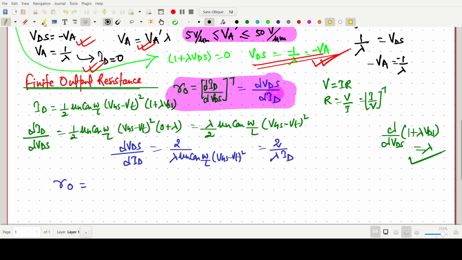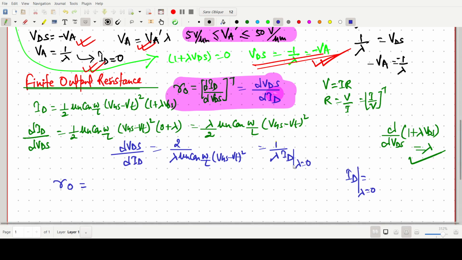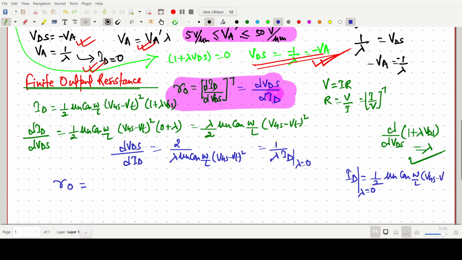Sorry, this 2 will be removed, because the expression of that ID in the simple situation, when lambda equals 0, when we are not considering the channel length modulation, should be 1 by 2 mu n Cox W by L (VGS minus VT) whole square.